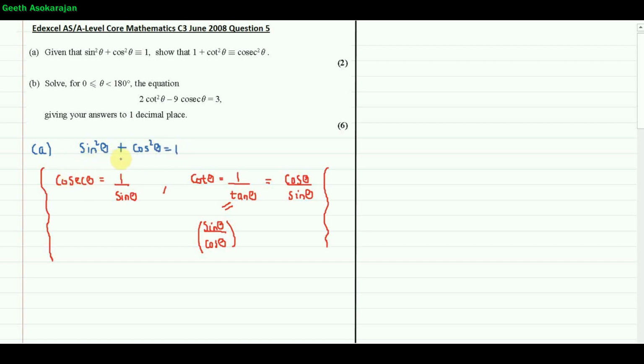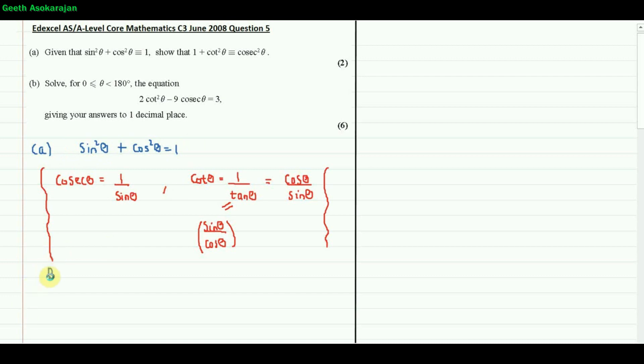So if I'm dividing throughout by sine squared, that would make 1 over sine squared, bearing in mind this relationship, cosec squared. So let's go with the plan. Let's divide this identity throughout by sine squared theta.